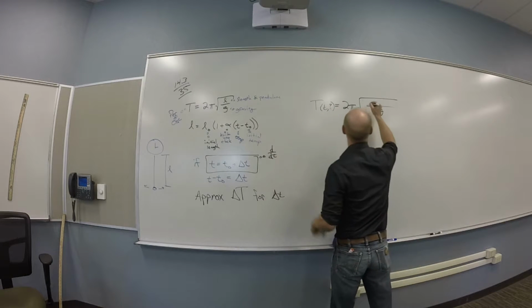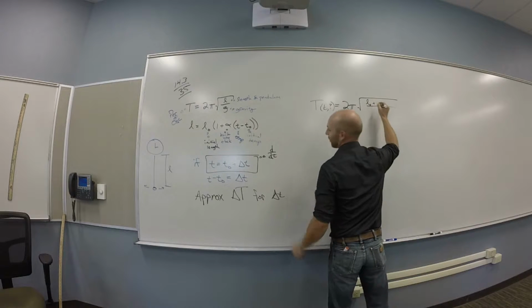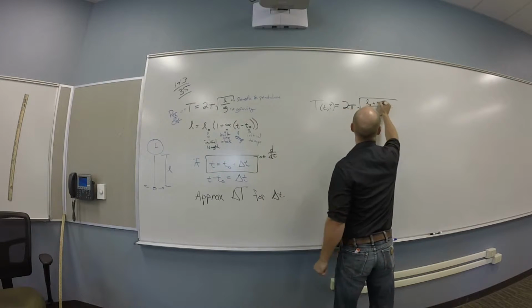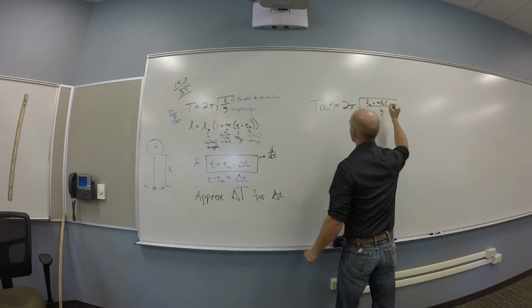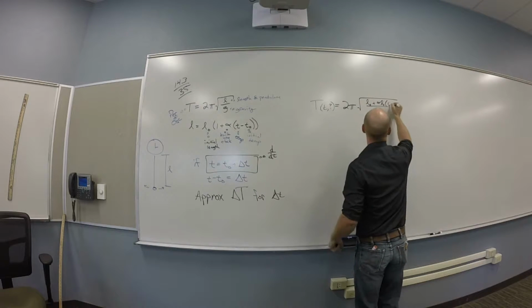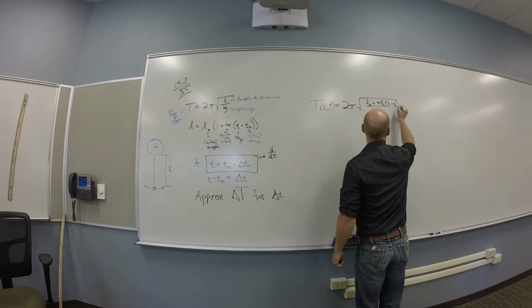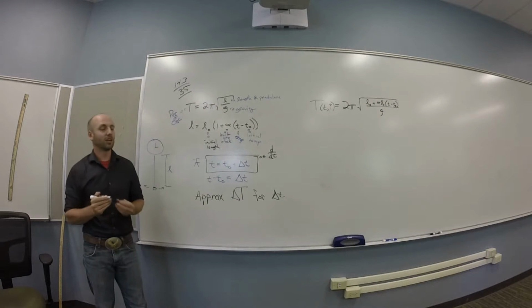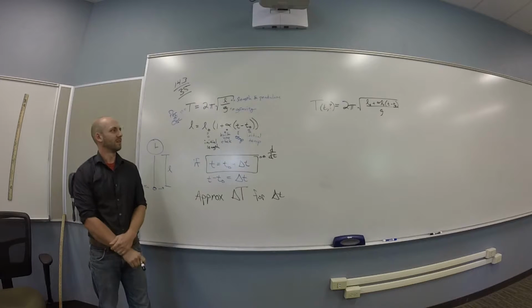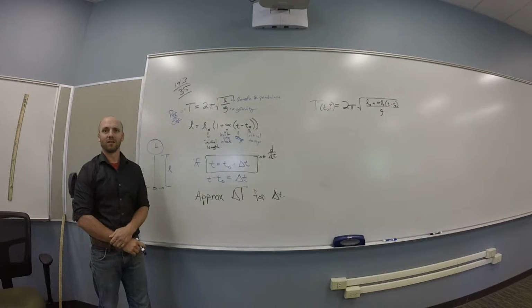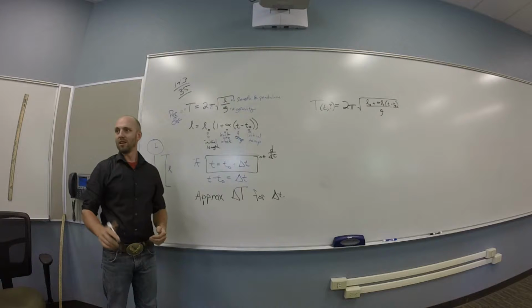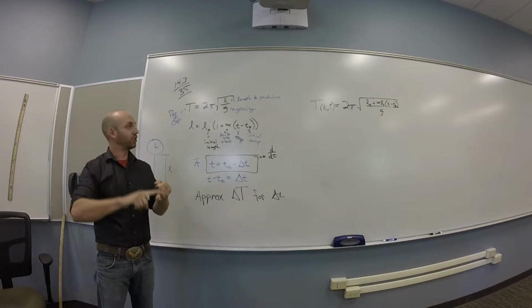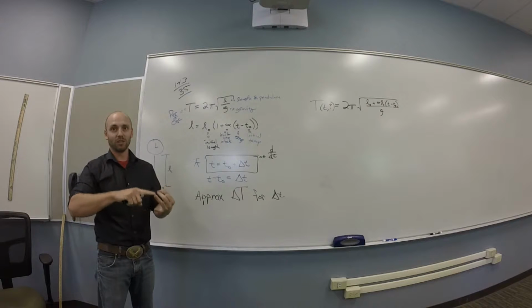All right, so L is L naught plus alpha L naught, sorry, I did a little distributing here, times the quantity T minus T naught. Is there another variable in there? Alpha is a constant based on the clock. G is a constant based on the world.